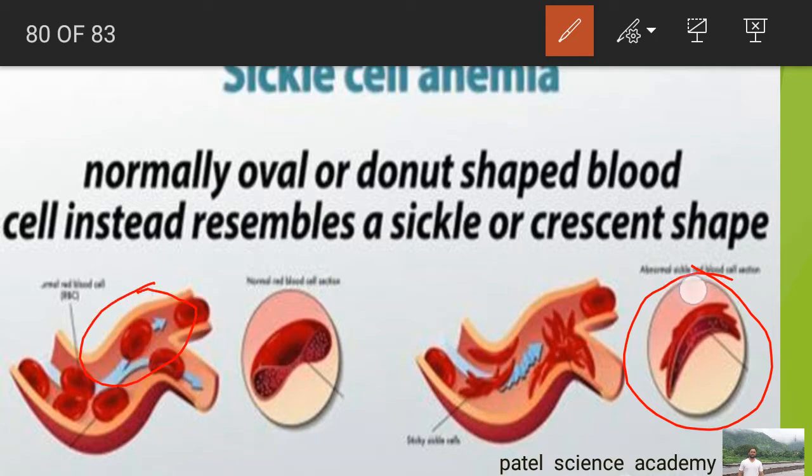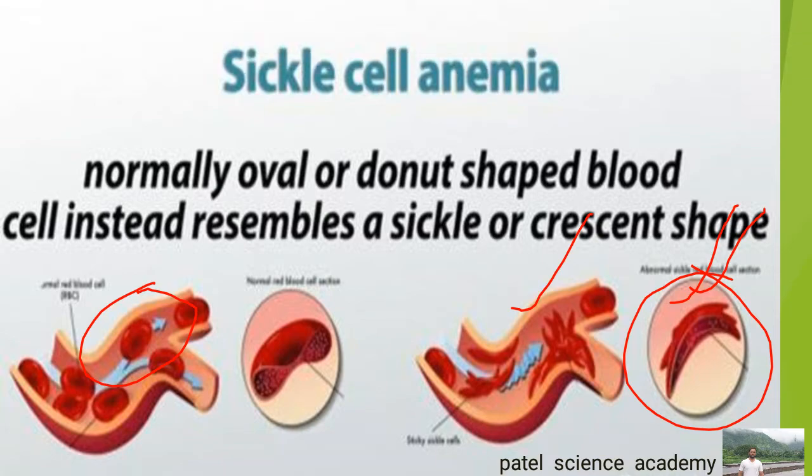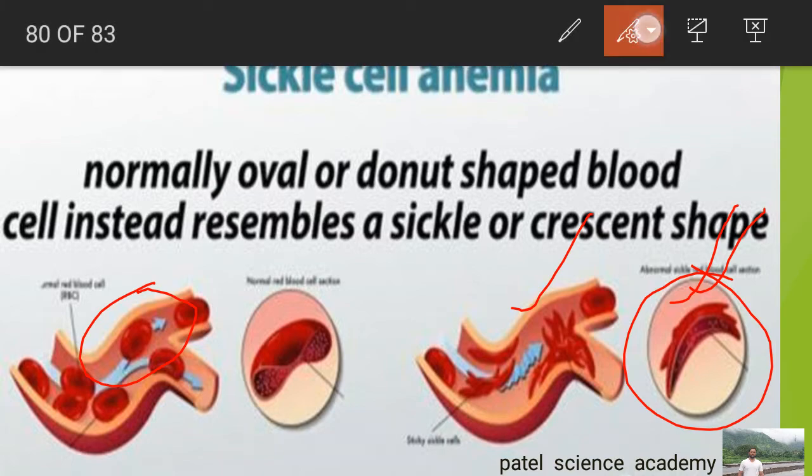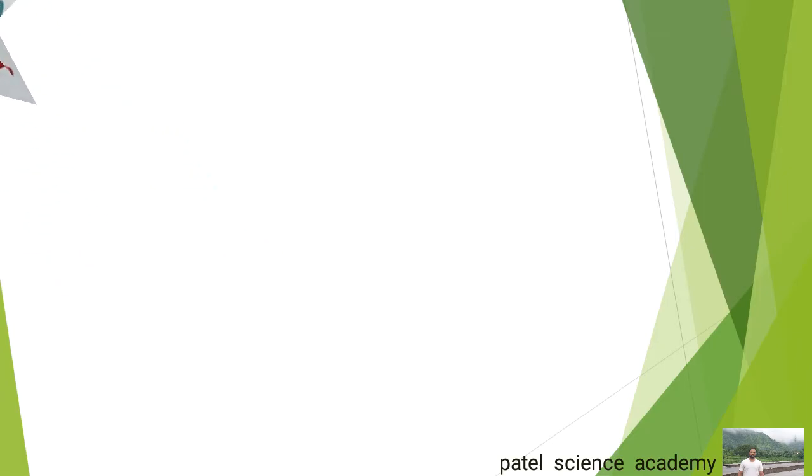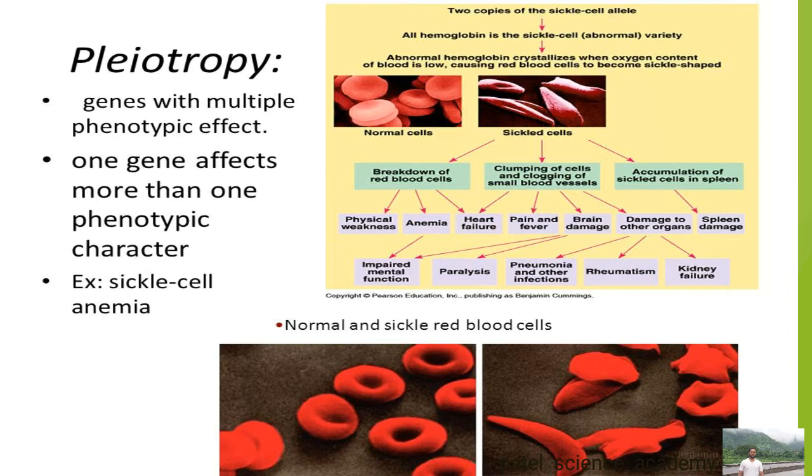Because of the sickle shape, blood doesn't flow properly, and these sickle shaped cells get scattered or embedded somewhere in the blood vessels, which leads to heart problems and the death of that patient. So this is about sickle cell, a blood disease in which the RBC of the human body gets converted into sickle shape.